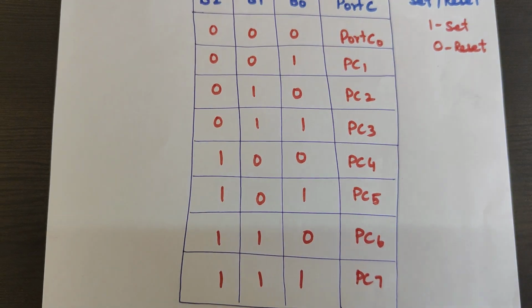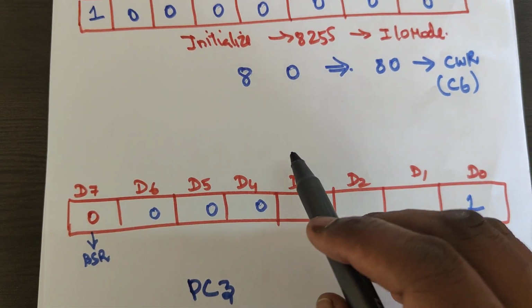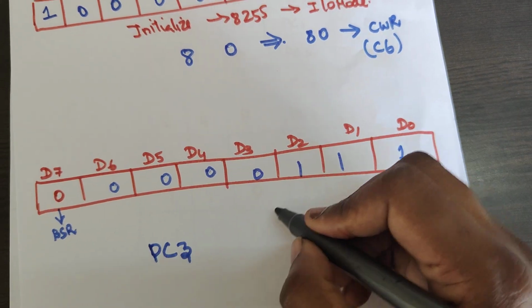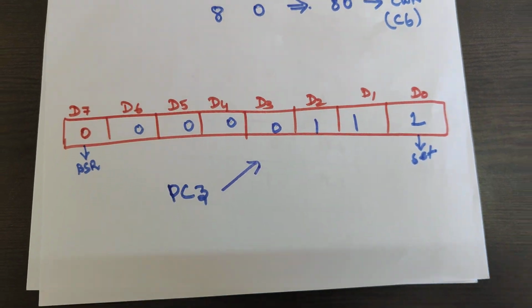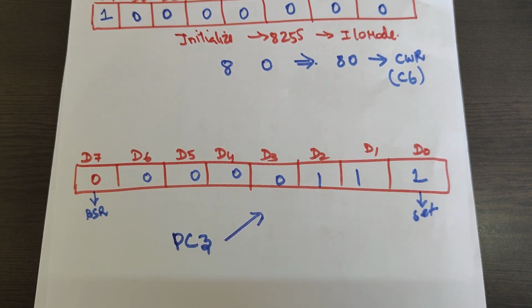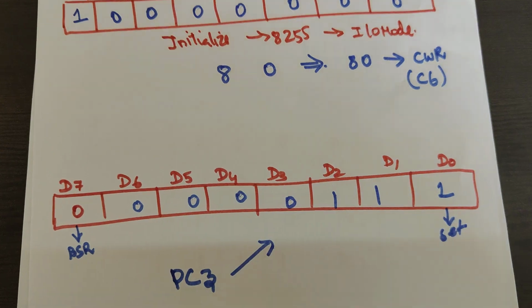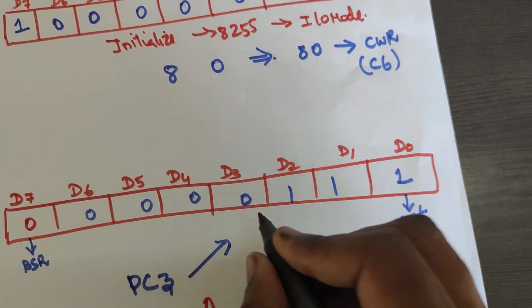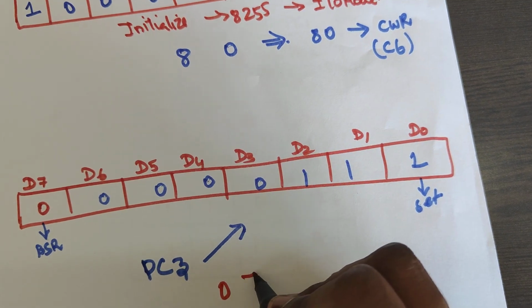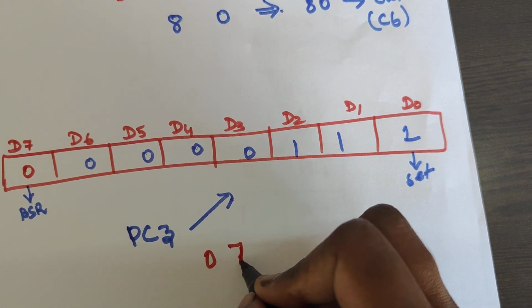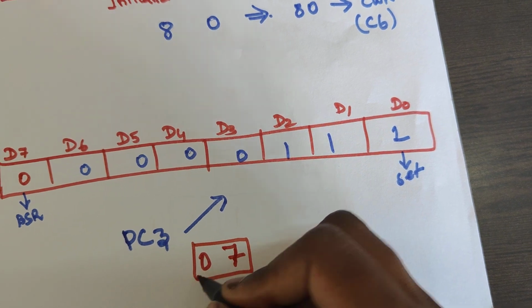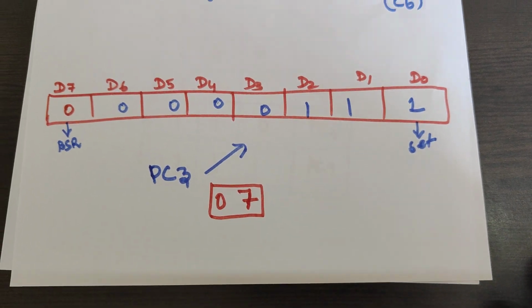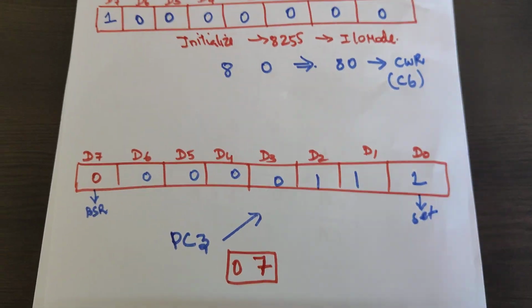So load this 0 1 1 in D3, D2 and D1. 0 1 1 represents that it is going to set port C 3rd bit. Now find the corresponding hexadecimal value: 0 0 0 0 0 1 1 1, that is 07. If I give 07, the 3rd bit in port C will be set. So now we will write the program for this.